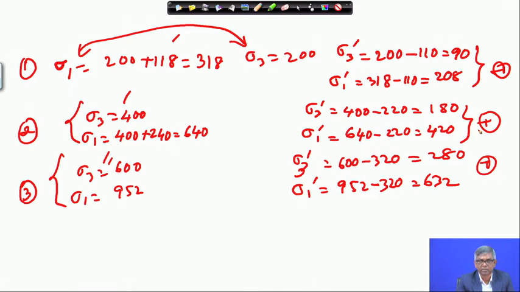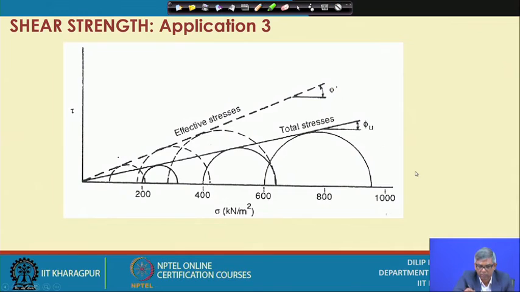So, now we can do that. You can see when I have done it for the total stress circles, sigma 3 and sigma 1 were 200 and 318, then the second one is 400 and 640, and this was 600 and 952.